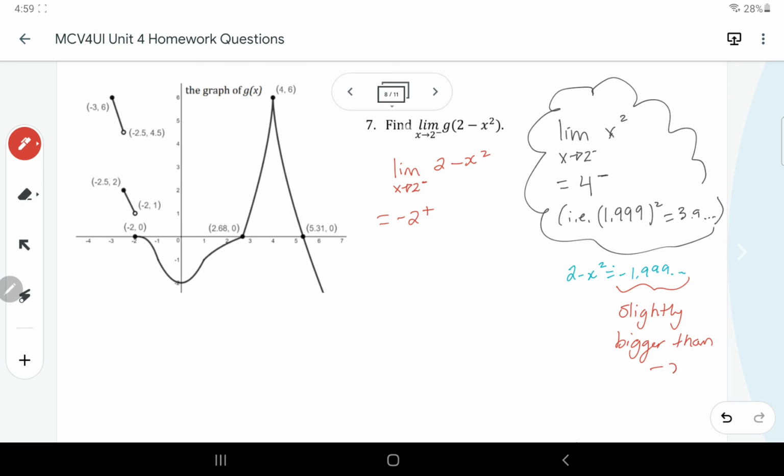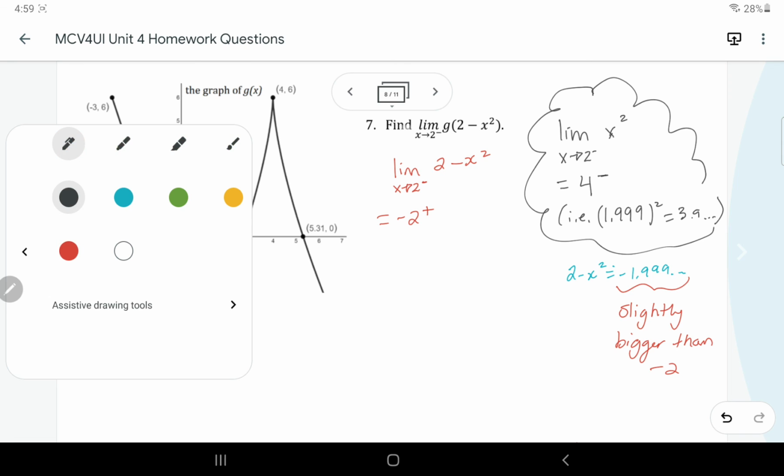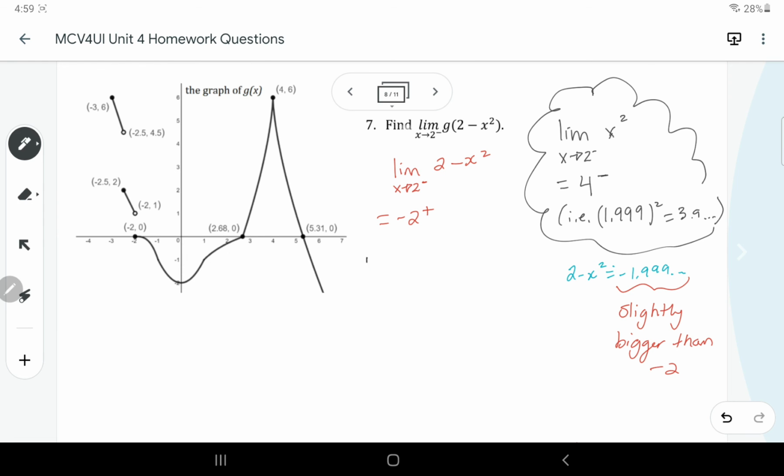So that's what we're looking at: as you get close to 2 from below, 2 minus x squared is getting close to negative 2, but it's a bit above negative 2, a bit bigger. So then we're going to look at the limit as x approaches negative 2 from above of g of x, because this clump of stuff in the middle is getting close to this.